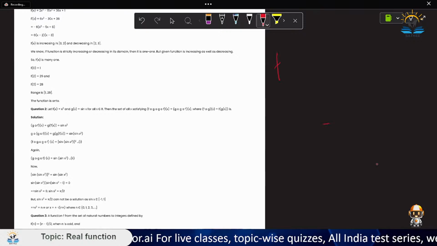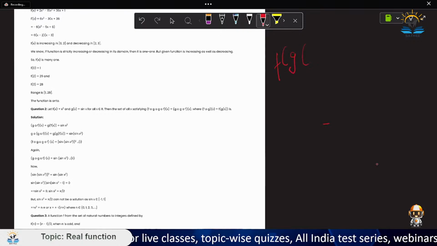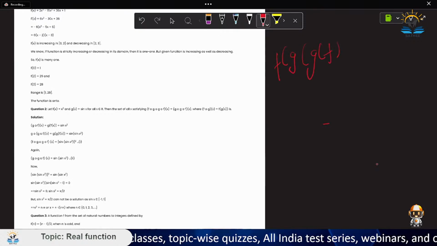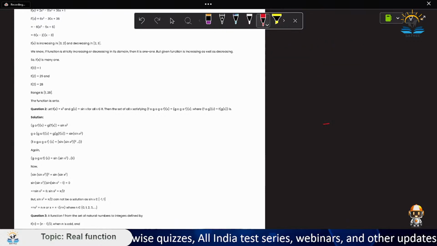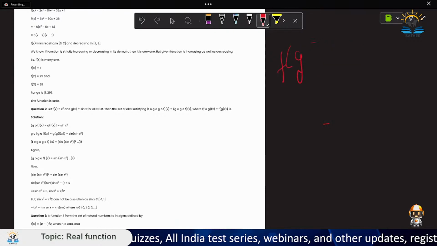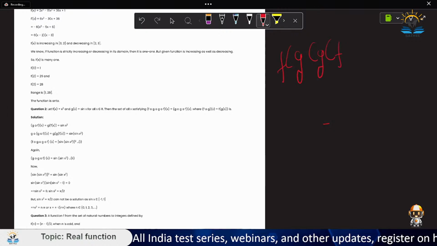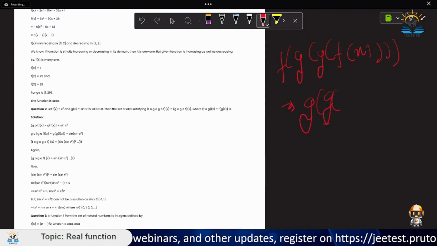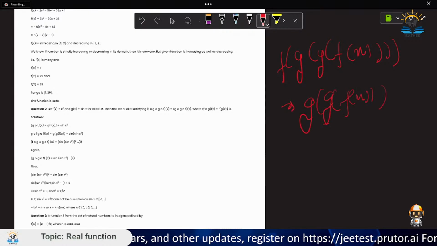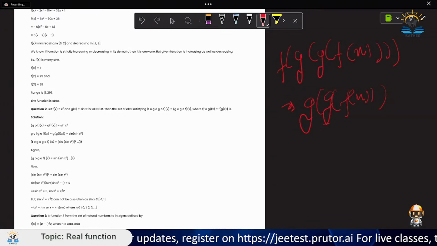So it is given to us f of g of g of f. Let me erase it again. Let's write it. So it is given f g g of f of x is equal to g of f of x, right? So it's a very easy question.